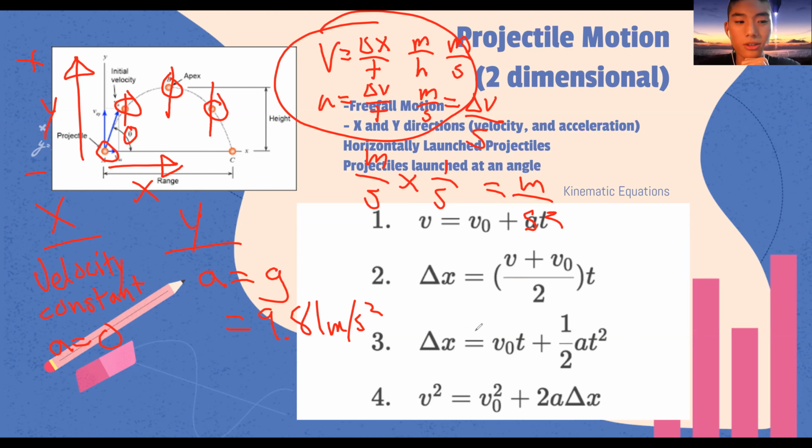It's not going down. See, when you talk about objects moving up or down, let me give you an example. I have a car, and it's got wheels. It's moving at a velocity of 5 meters per second.